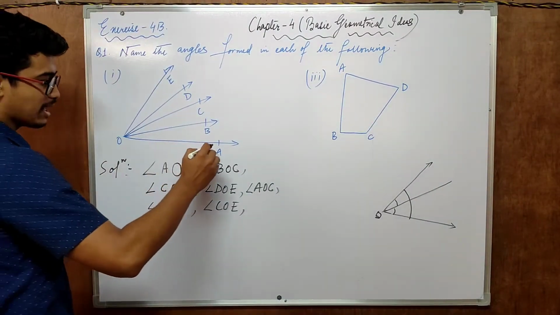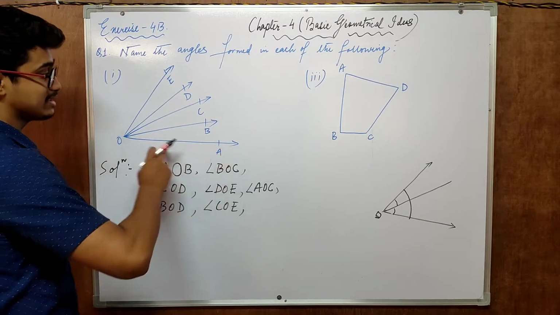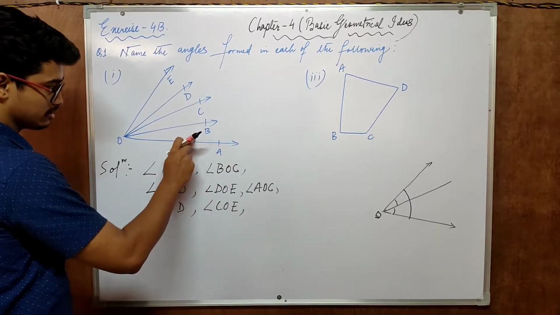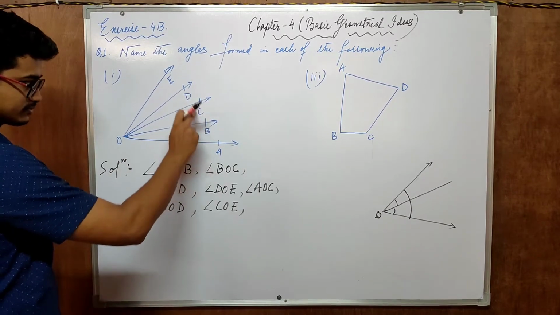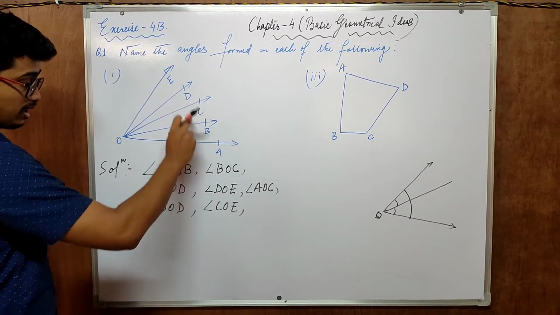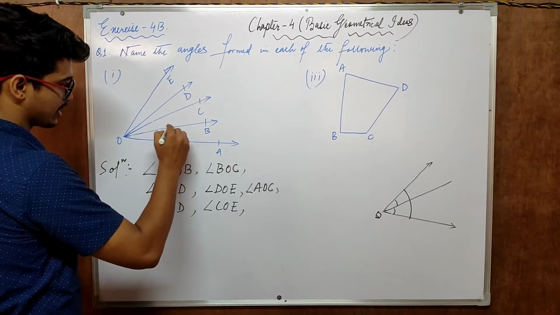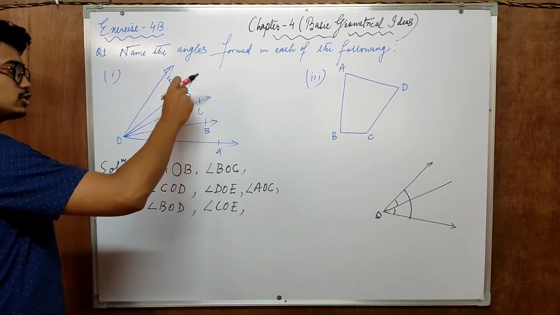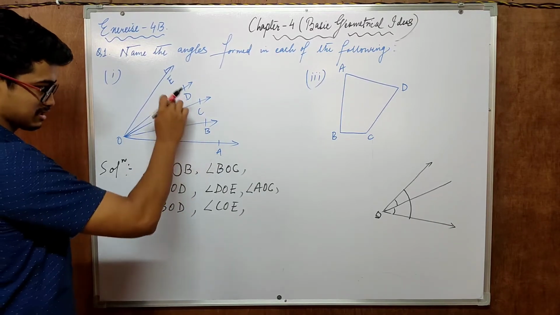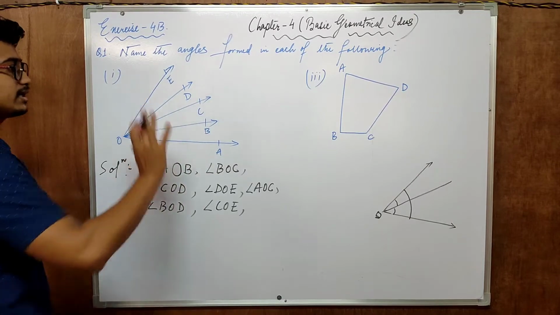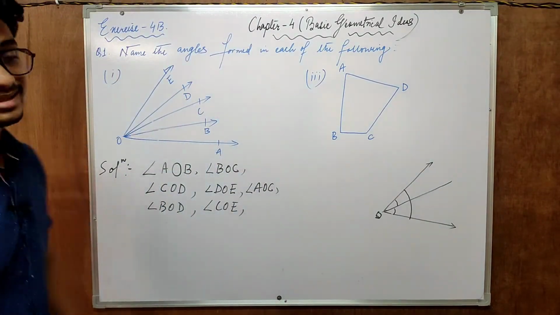See, first of all, there is no gap, or you can say no line, in between this particular gap. After that, there is one line in this gap. After that, I am taking two lines in between this particular gap. After that, I will take three lines. Like that, it will go on increasing.